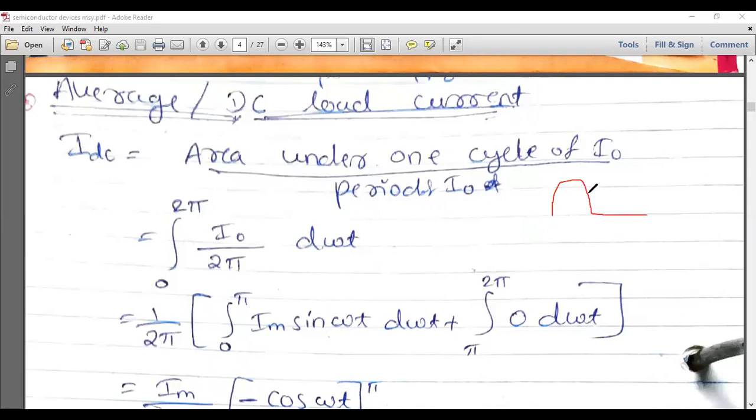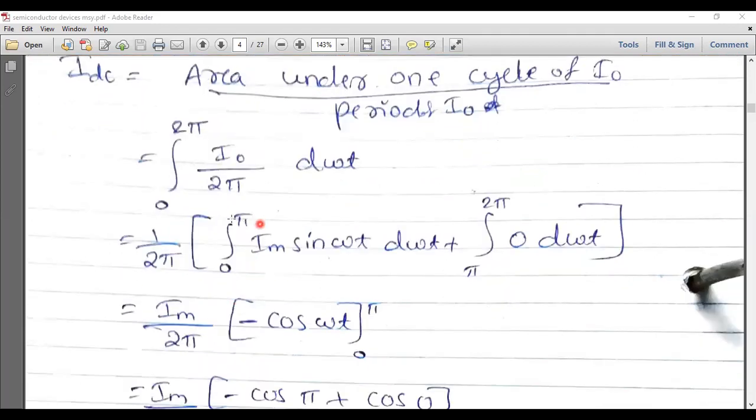Area under one cycle divided by period, 0 to 2π. So integration of this with limits 0 to 2π I will use here now. I naught divided by 2π d omega t. We can use this formula here. So I naught equal to Im sin omega t, we can write as the instantaneous value for the first half cycle.